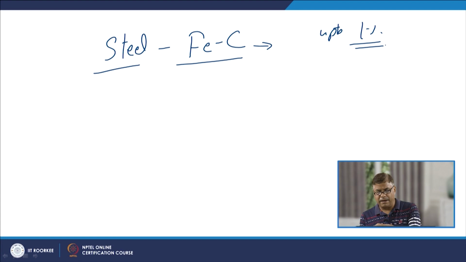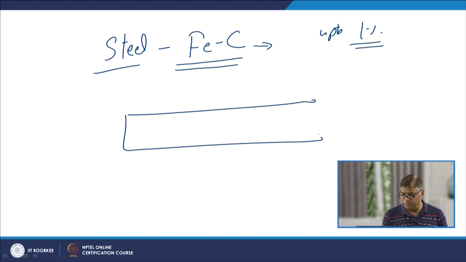Theoretically, the carbon can be up to 2%, but beyond that it is termed cast iron, but most commercial steels have been developed using carbon up to 1%.